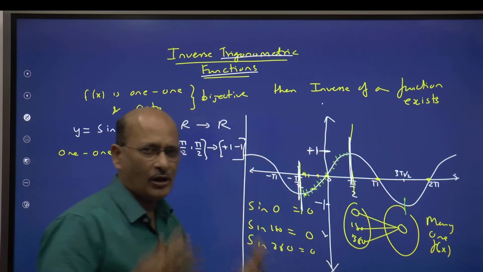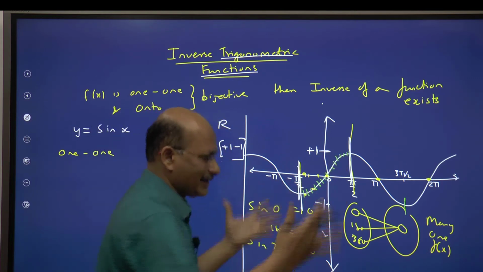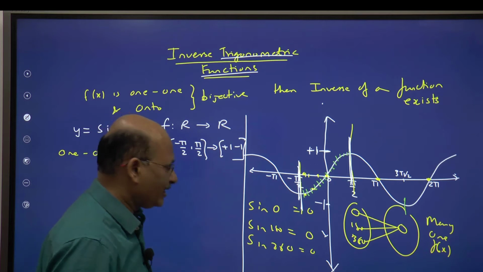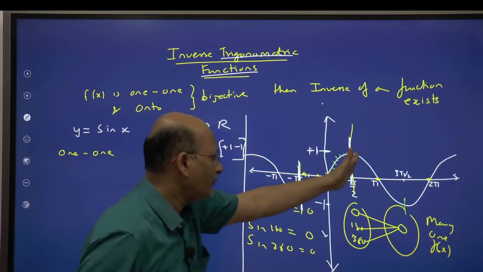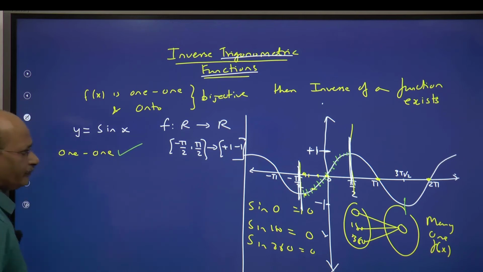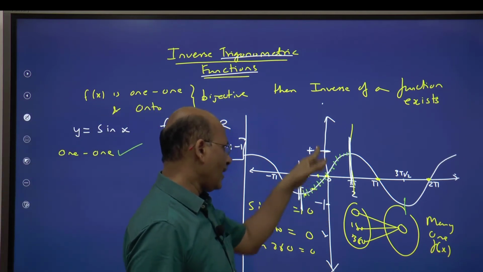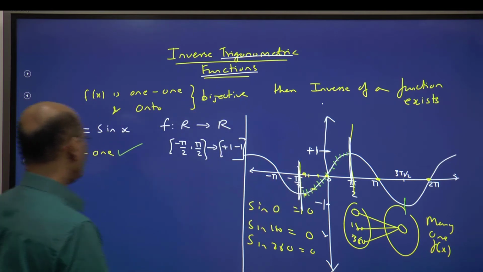But universally what we do is, we always consider from minus pi by 2 to pi by 2, because that is the accepted practice. Over minus pi by 2 to pi by 2 it becomes a one-one function, and for every value between minus 1 to 1, it becomes onto also.